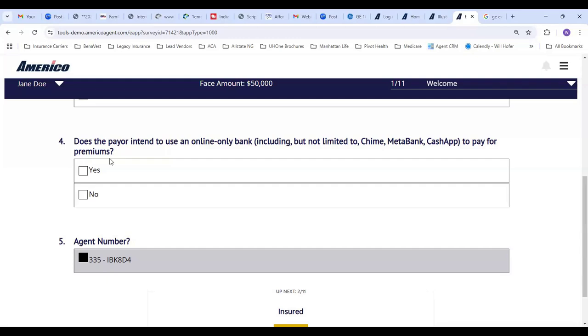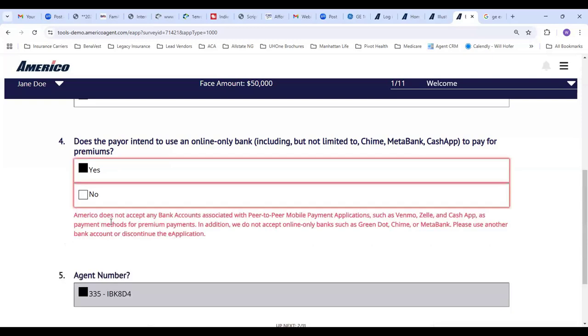It has to be banking, and the banking has to be the old school banking, not the online banking. They will not accept it. So if you put yes here, it's going to say Americo does not accept any bank accounts associated with peer-to-peer mobile payment. And they give you examples, Venmo, Zelle, Cash App.